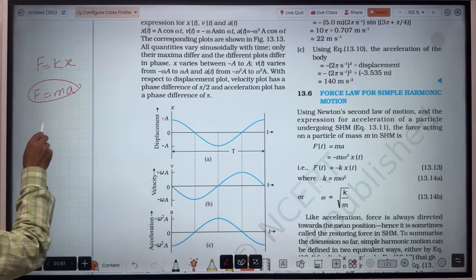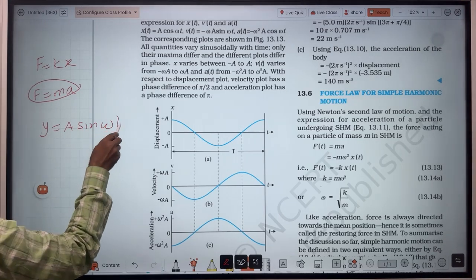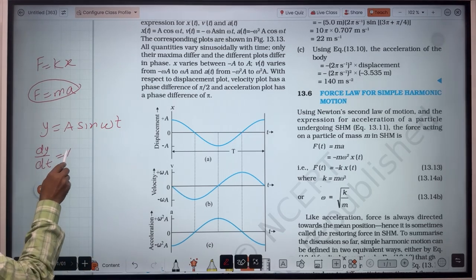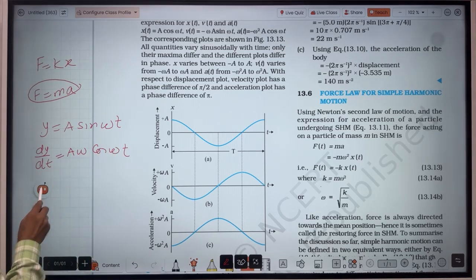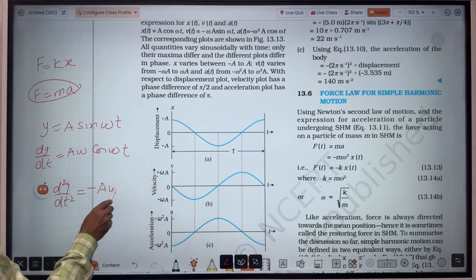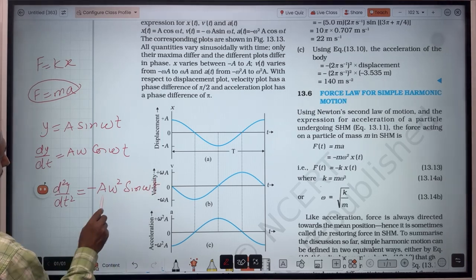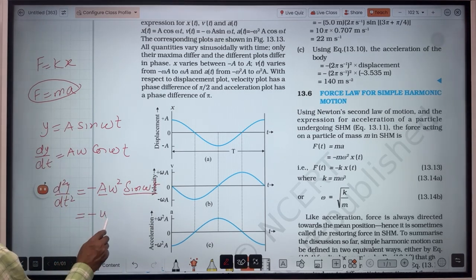We started with y equal to a sine omega t, dy by dt gives a omega cos omega t, and then d2y by dt2 gives minus a omega square sine omega t, and a sine omega t is y itself, so minus omega square y.